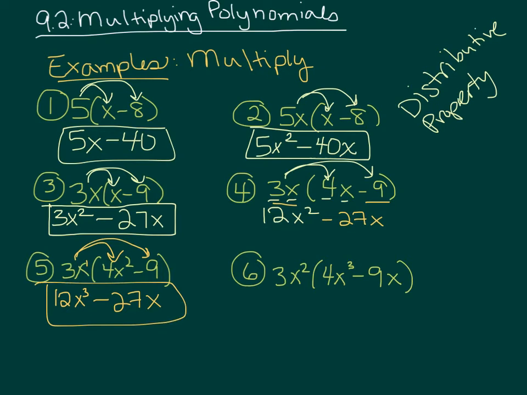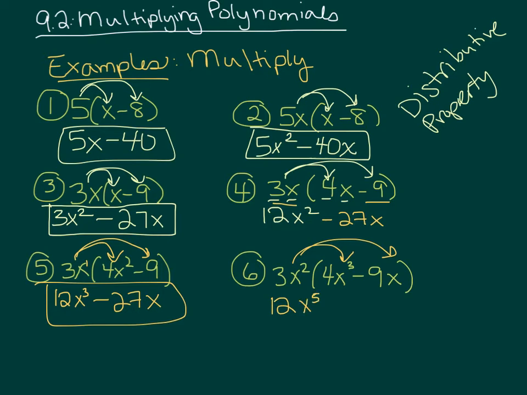The last one of the distributive property is one of the more challenging ones. So we're going to go ahead and distribute 3x squared times 4x to the third. You start with 3 times 4, which gives us 12. X to the second times x to the third gives us x to the fifth.